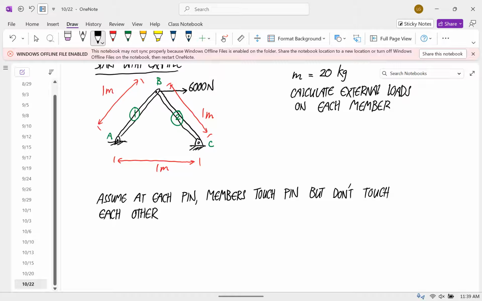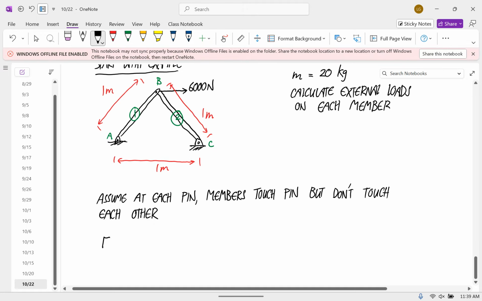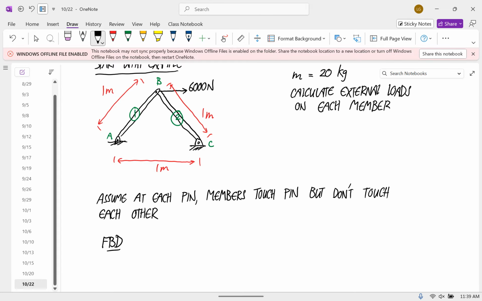Okay, so now I'm going to draw free body diagrams for each of those 2 members. I'm going to be very specific about what I'm including when I isolate each body.